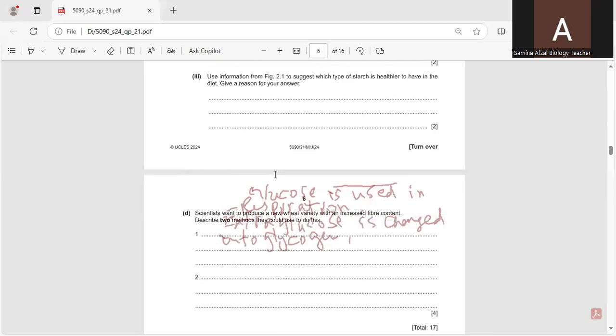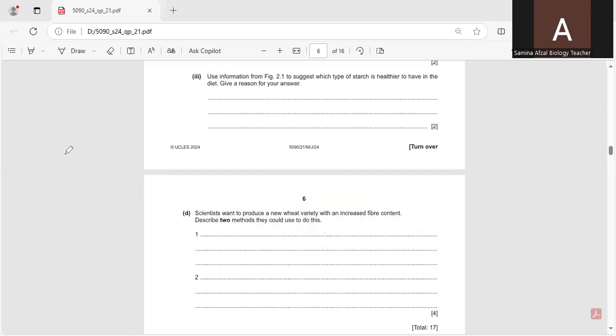Next question. Use information from figure 2.1 to suggest which type of starch is healthier to have in the diet. Give a reason for your answer. It shows that the starch which is slowly digested will be better for health. So our answer should be slowly digested starch.